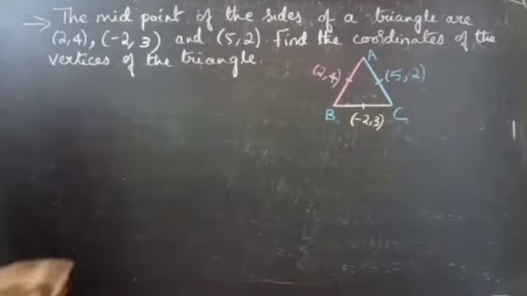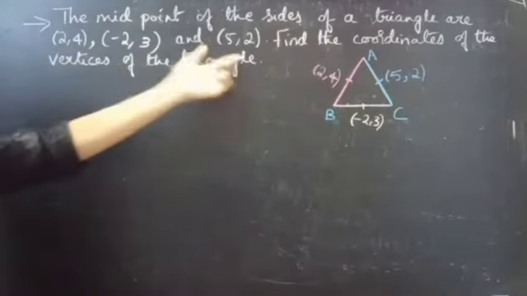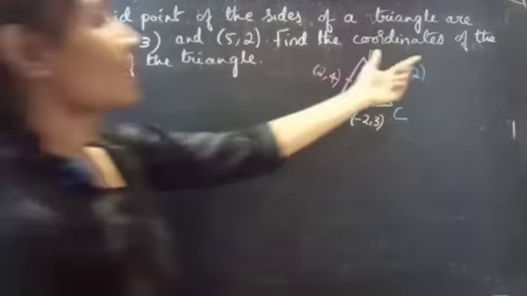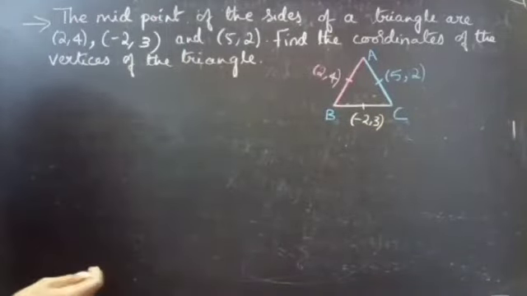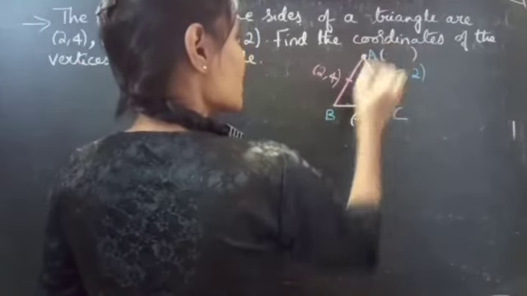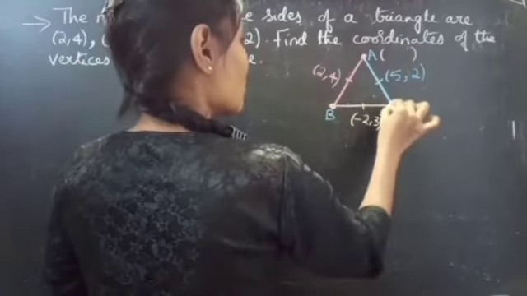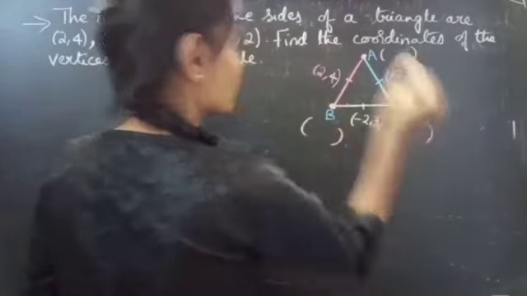If the midpoints of the sides of a triangle are given, then we have to find the coordinates of the vertices of the triangle.